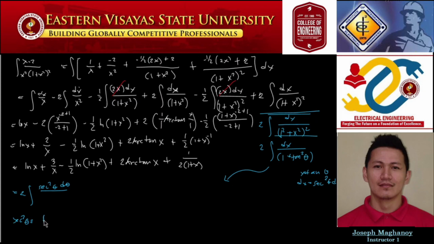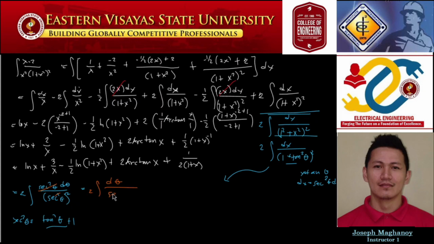But before you can rewrite this one, remember that secant squared theta is equal to tangent squared theta plus 1. So it is the same as this. So we replace it with the quantity secant squared theta. You still have a square here. So if we cancel square, square, the remaining is 2 integral of d theta.